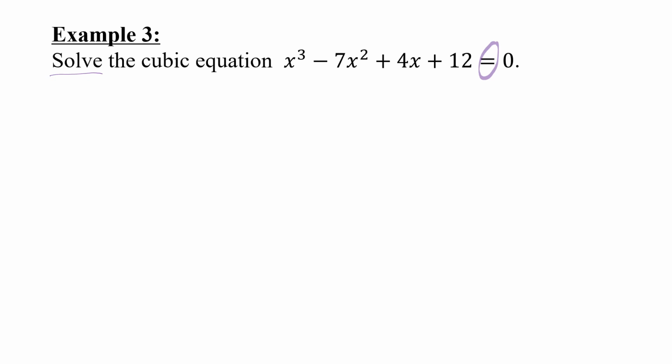To remember, the shortcut is just to use the calculator to help us. Depending on the brand of the calculator, I'm using Casio, so it's mode 3, 4.